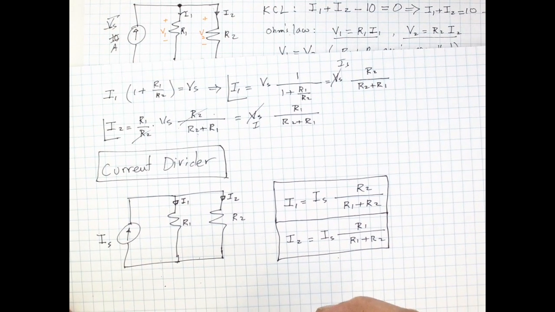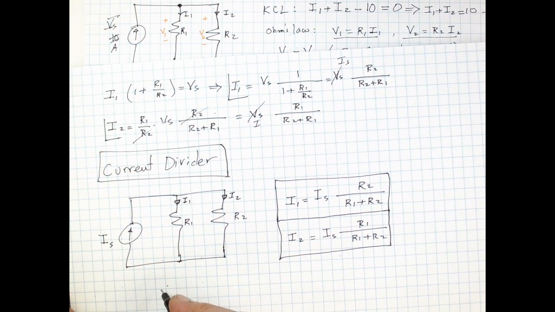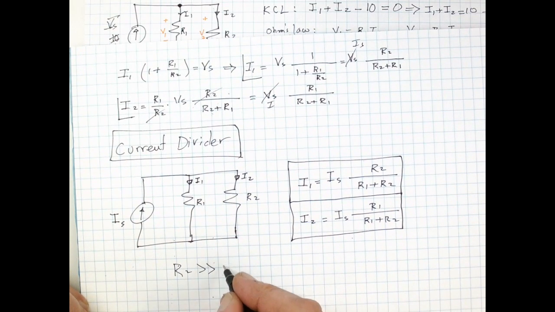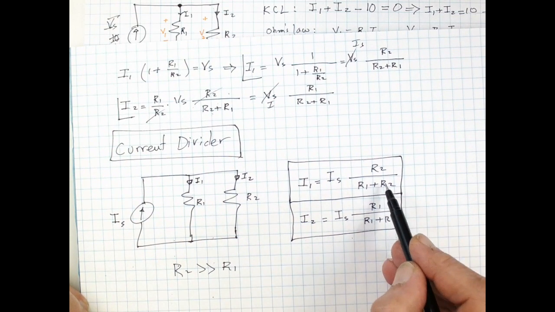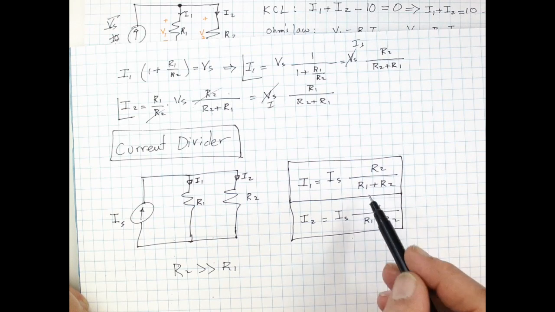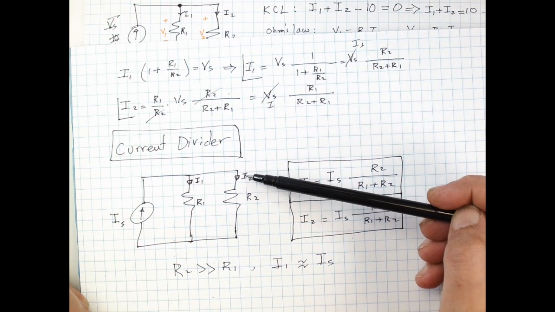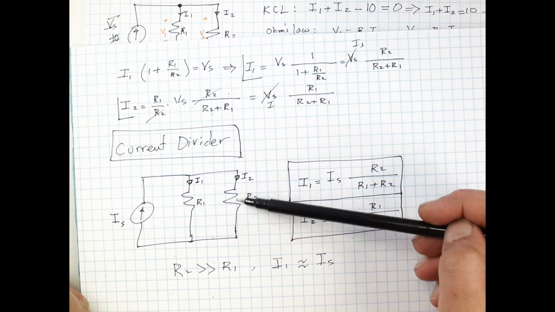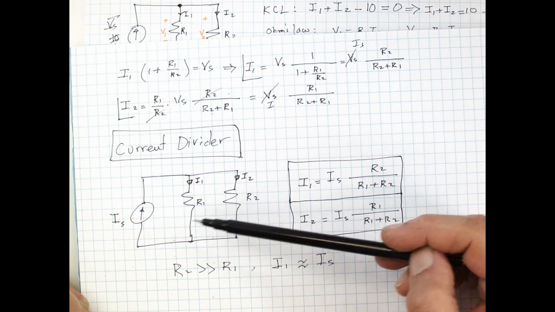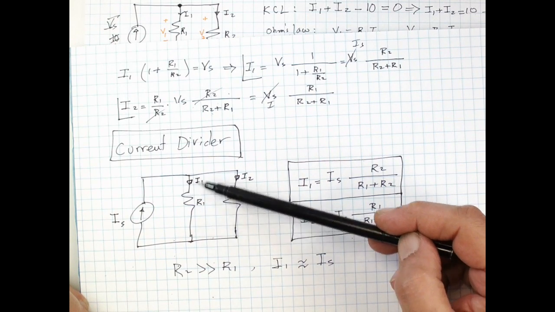Again, let's take a look at extreme cases. If, for example, R2 is much, much bigger than R1, from this formula we can see that I1 is almost equal to IS. So if R2 is really big, all of the current is going to flow through the other resistor.